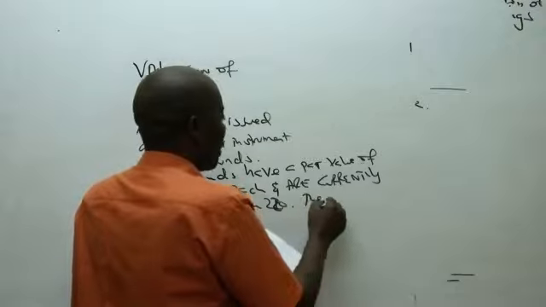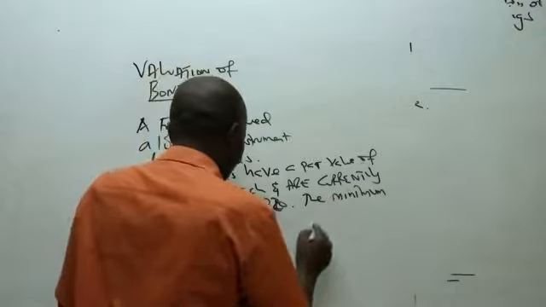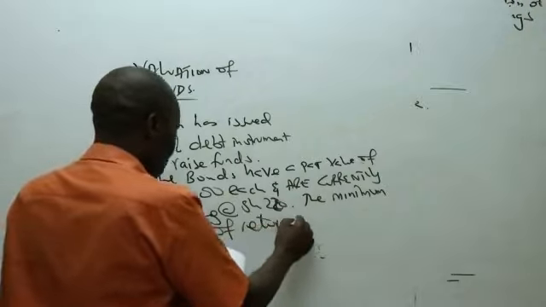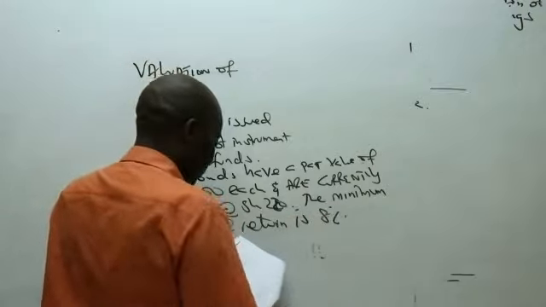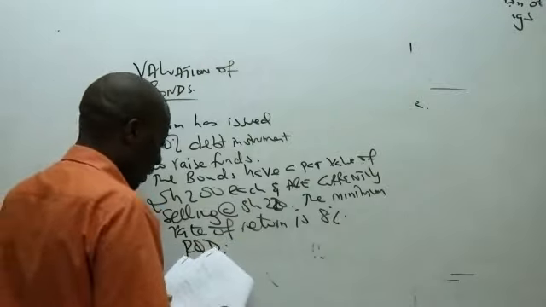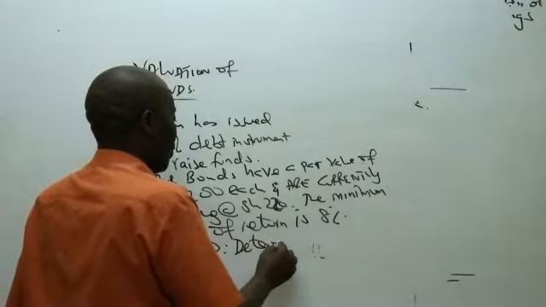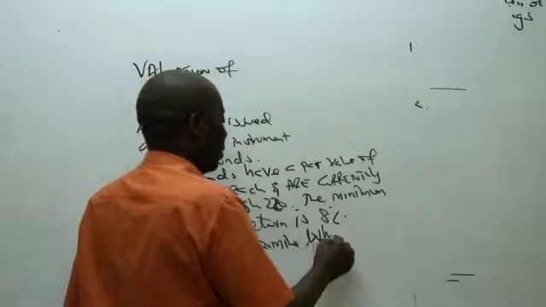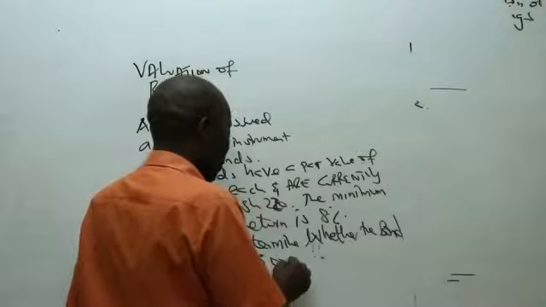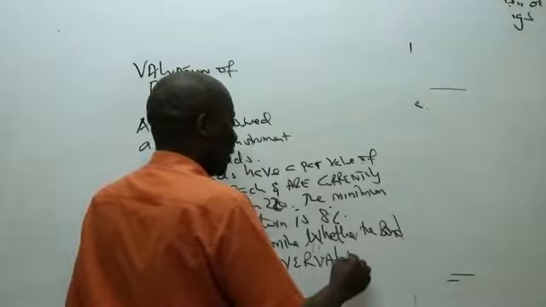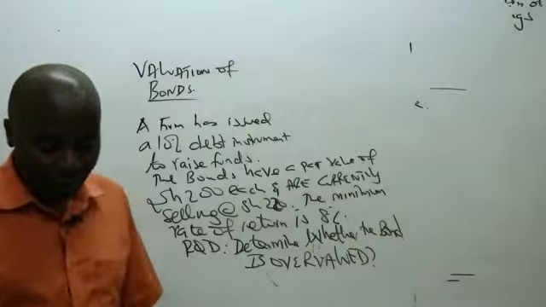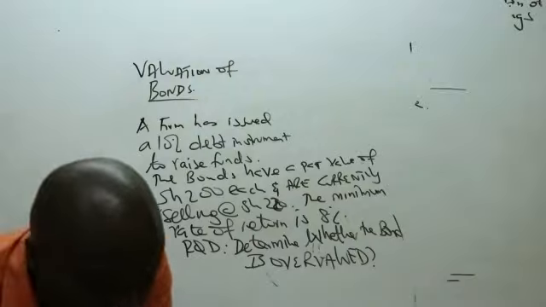Then they have given us the minimum rate of return. The minimum rate of return is 8%. So required, determine whether the bond is overvalued. I'll give you exactly 1 minute, and then you advise us.